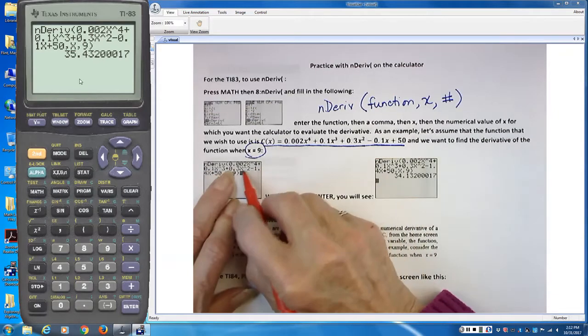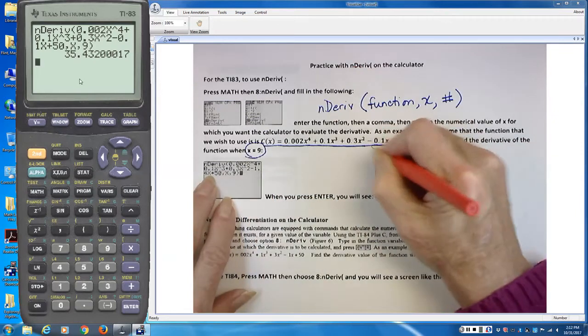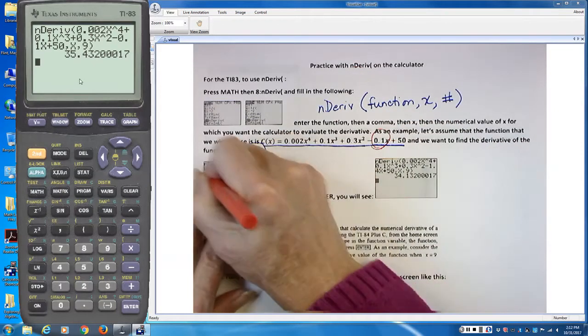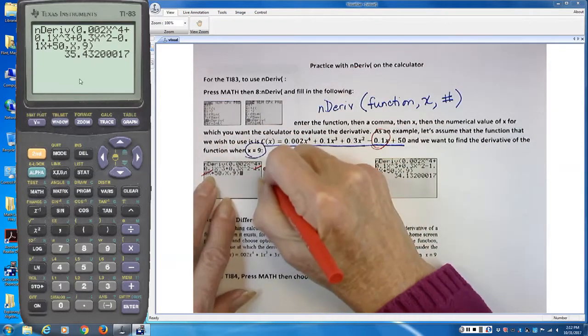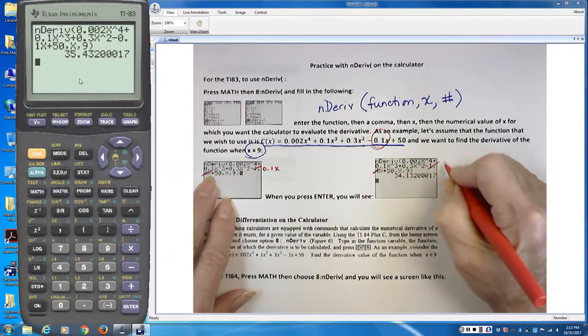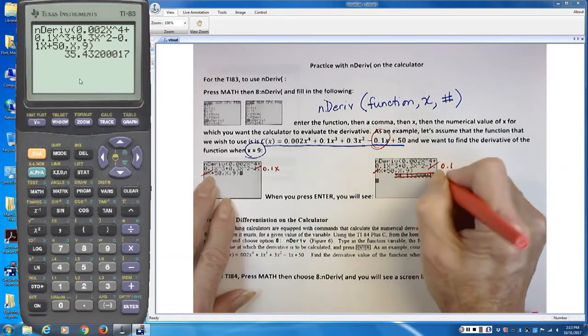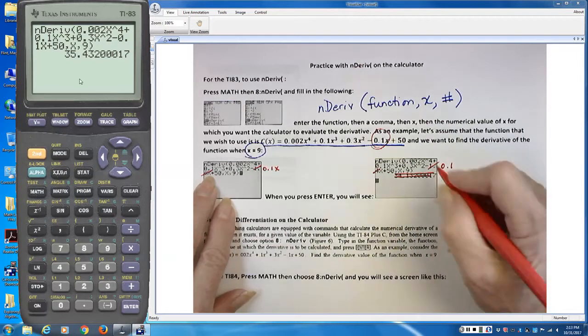Here's where the difference is. That should say 0.1x. And if you put in the right function, you get the right answer, which is 35.43.